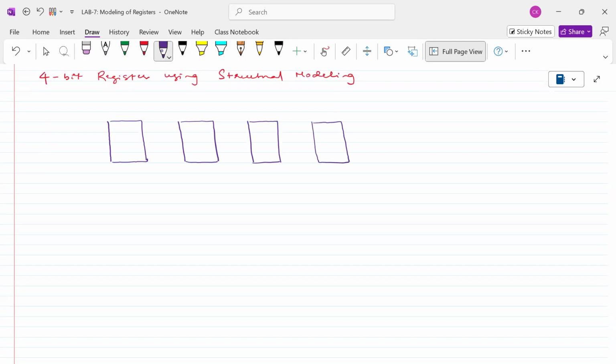Okay. So now what is the input here? For simplicity, I'm writing D naught as one input, and it will produce Q naught as my output. D naught is my input, Q naught is my output.